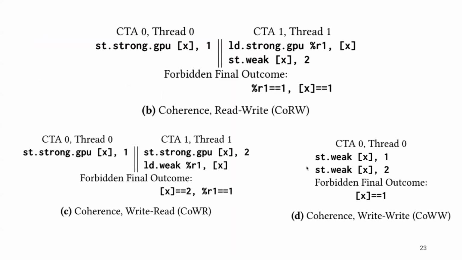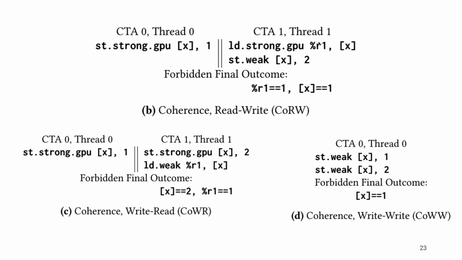Another example. If you have a strong store in one thread and two operations in another thread, again, these first two instructions are morally strong relative to each other, and the last and the two in thread 1 are also morally strong relative to each other. What this means is, oh, sorry, this is a load.